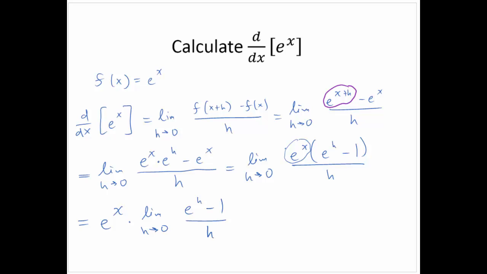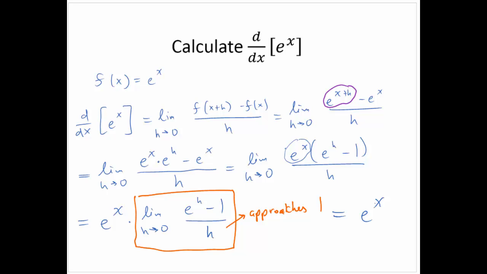Now, we cannot simplify this limit using algebraic techniques. But if we used a calculator and let h approach 0, we can show that this limit approaches 1, and so what we've just shown is that this whole thing, e to the x times that limit, is e to the x.